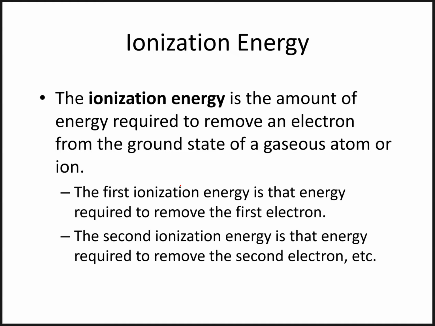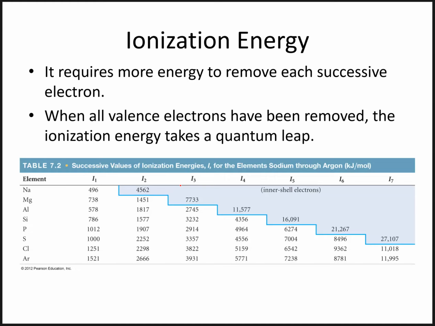What we see is that ionization energy generally increases as we move from left to right. It becomes progressively more difficult to take electrons out of an orbital because the effective nuclear charge is increasing as we move from left to right. As we move from the top down on the periodic table, things become slightly easier. And that's because as you move down the periodic table, the outermost electrons are further away from the nucleus.